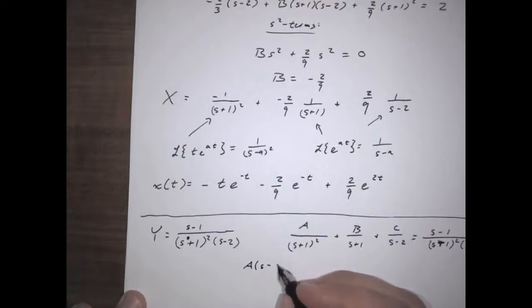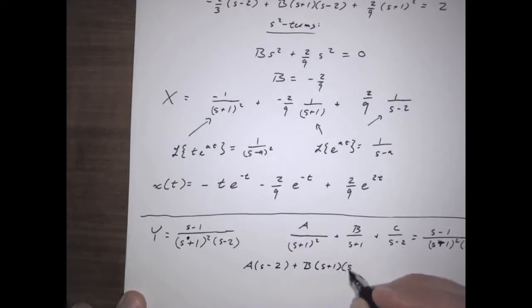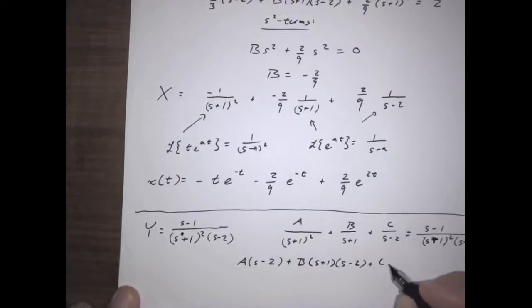So A times s minus 2 plus B times s plus 1 times s minus 2 plus C times s plus 1 squared is equal to s minus 1.